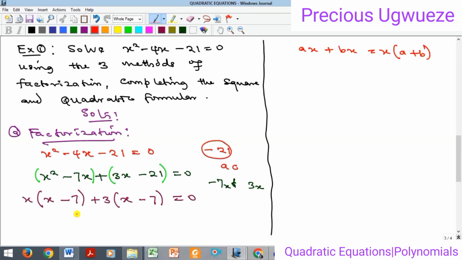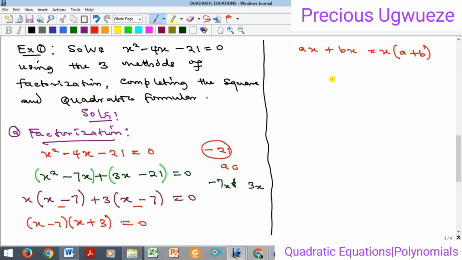Okay, and that's exactly what we did here now. So this is common here, this is common here, so we bring it out. So I'll bring out x minus 7, and then in a bracket I will now gather the remaining. The remaining, when I bring out this, is x, then plus 3. Okay, that is equal to 0.